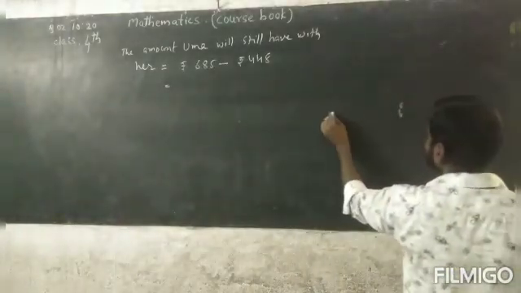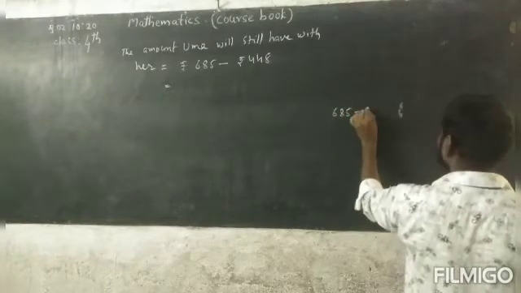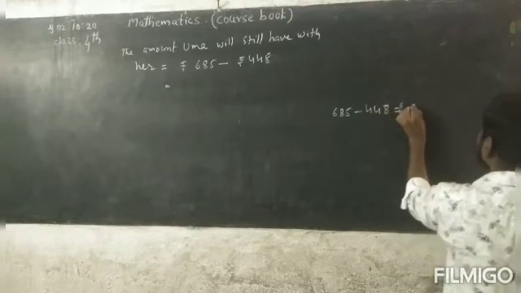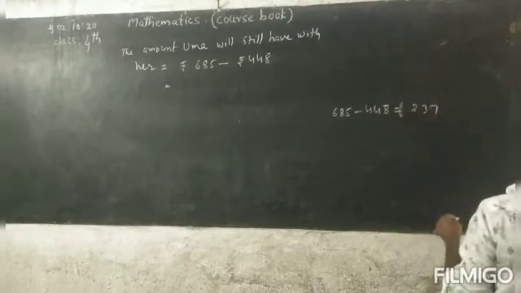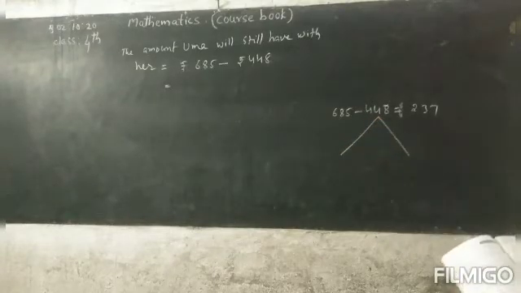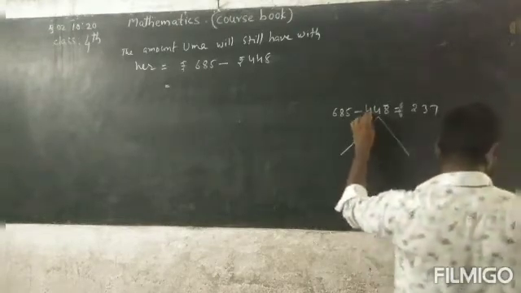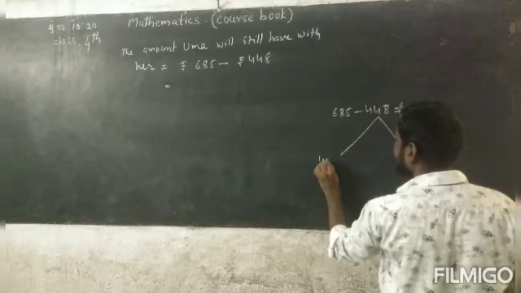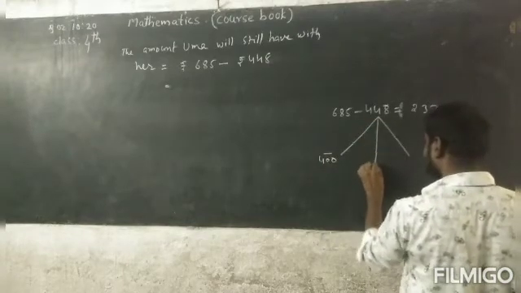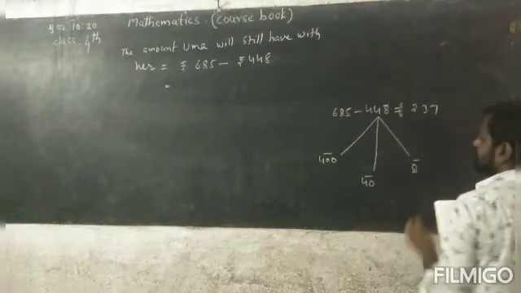Listen carefully. 685 minus 448, you can get 237, beta. Then 448, write its expanded form. So this is 400, here minus, this is 40, minus 8 is in the ones place.